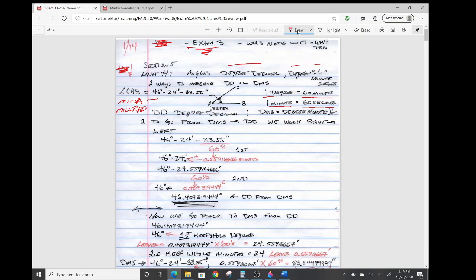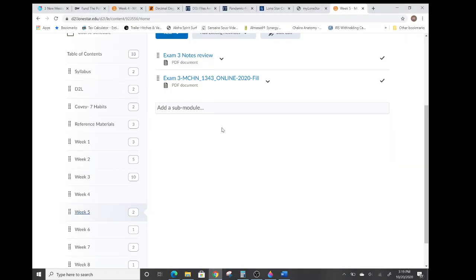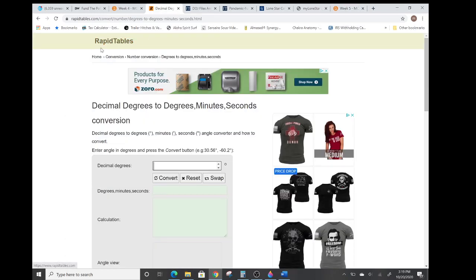Now, there are programs that will do this for you. You can go out to Google, and here's one right here. Rapid Tables: degrees, minutes, and seconds to decimal degrees, and decimal degrees to degrees, minutes, and seconds, and you can swap it back and forth. Some of your calculators will have buttons on them to do that.